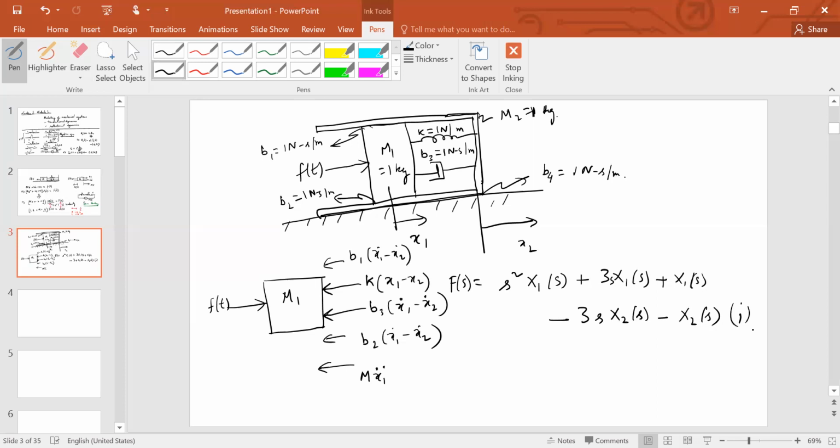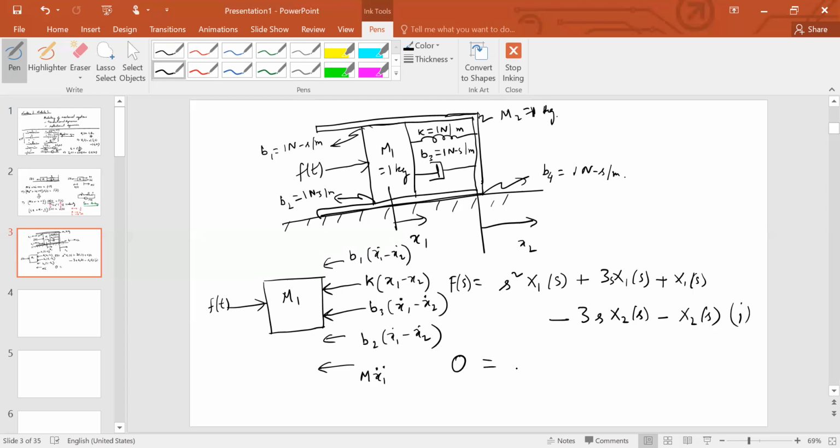For the second equation, you have to draw the free body diagram of the second body, and I leave it to you as an exercise, and you will see immediately that I don't even need to draw the free body diagram now. Having followed this and also following in the same spirit as we did the KVL, applied the KVL to electrical circuits, I can now write, so remember that the force is applied to mass 1, so the net force applied to mass 2 is 0. All right. So what are the additional forces acting on mass 2 now? Even without drawing this free body diagram, I can see that all these forces are acting equally in an opposite direction for mass 2, right?